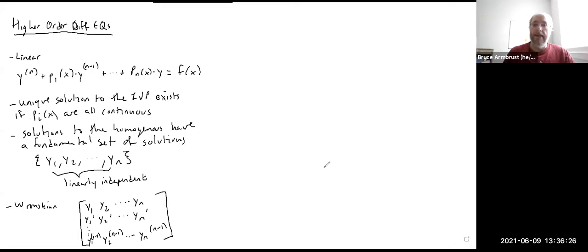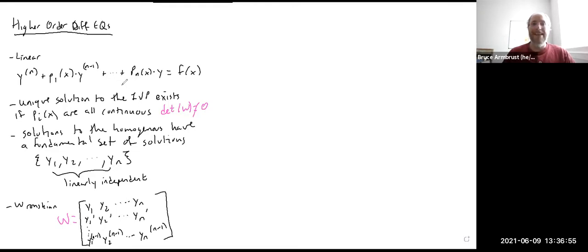And like I said, let me highlight this with a different color under the unique solution. If we call this matrix W, we know that there's going to be a unique solution if the determinant is not equal to 0. We also know that the Wronskian is going to come from these P's, right?